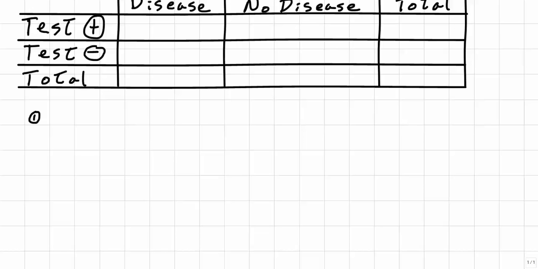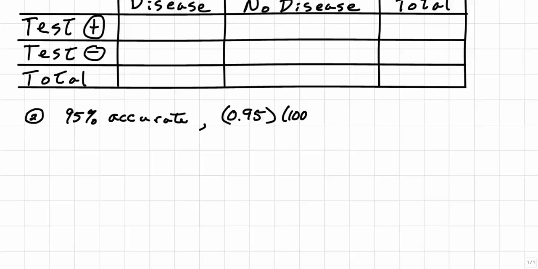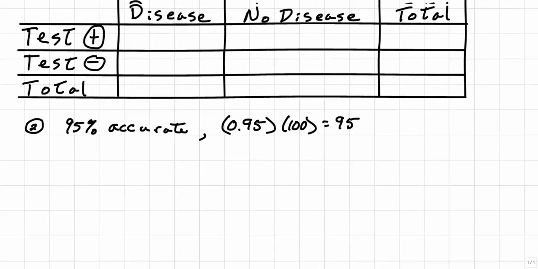That becomes our second step, because we've already calculated that there are going to be 100 people that will have the disease. So the test is 95% accurate, and that means we take 0.95 and multiply it by 100. That will give us 95. That's going to be our first value.